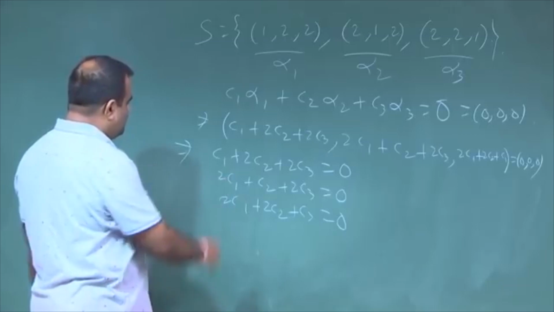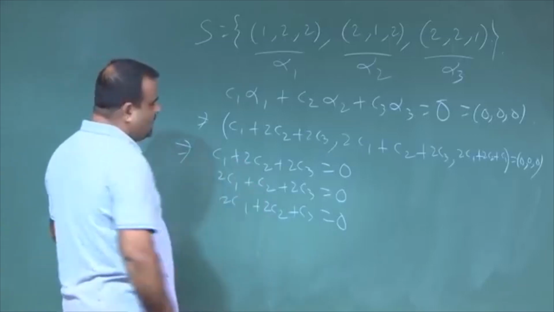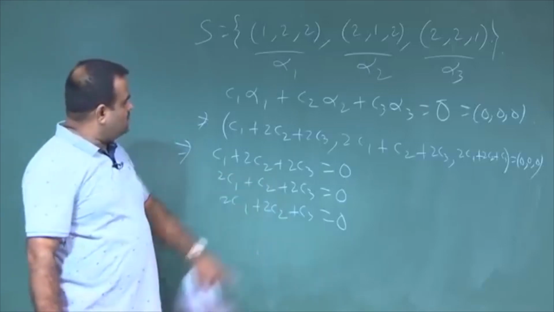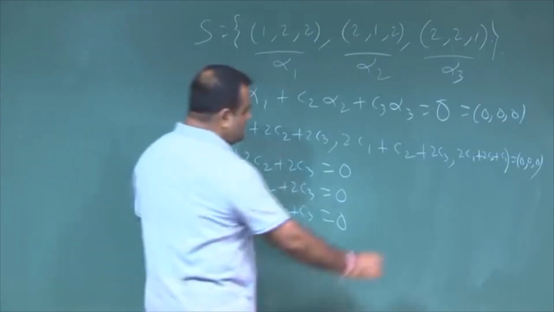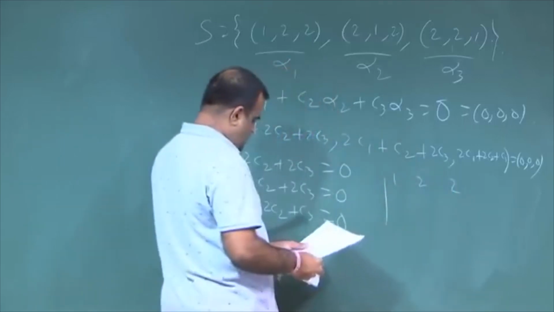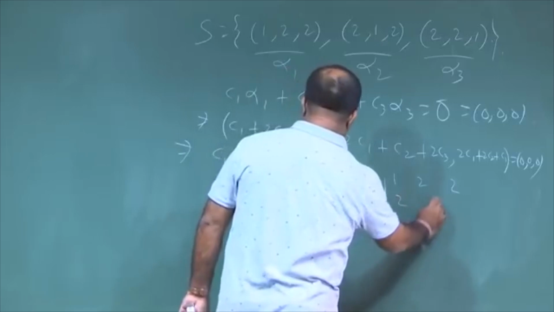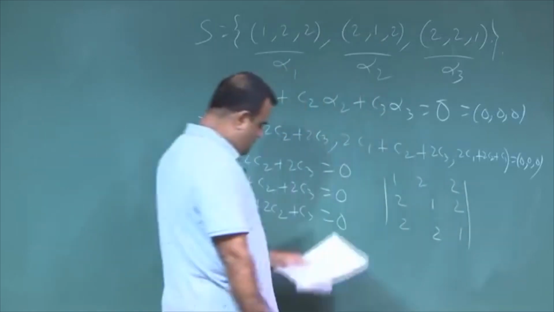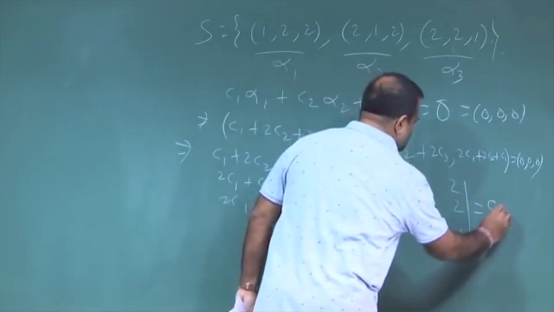We can use Cramer's rule also, because this is a homogeneous equation. Then the determinant is basically 1 2 2, 2 1 2, 2 2 1. So, this determinant is basically 5, which is non-zero.